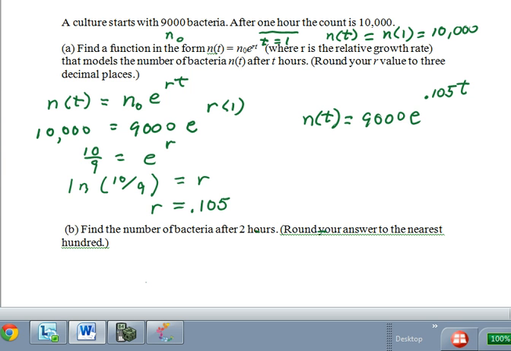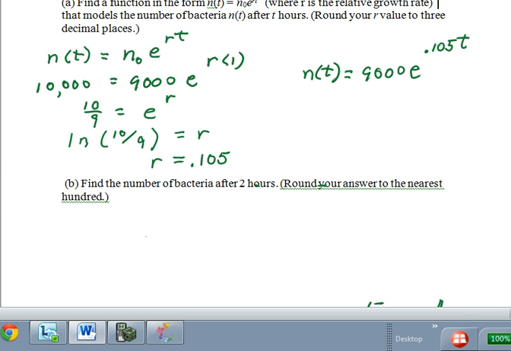And we're supposed to find the number of bacteria after 2 hours using this new function. So I can fill in that n of 2 would equal 9,000 times e to the 0.105 times 2, which would be 9,000 e to the 0.210.